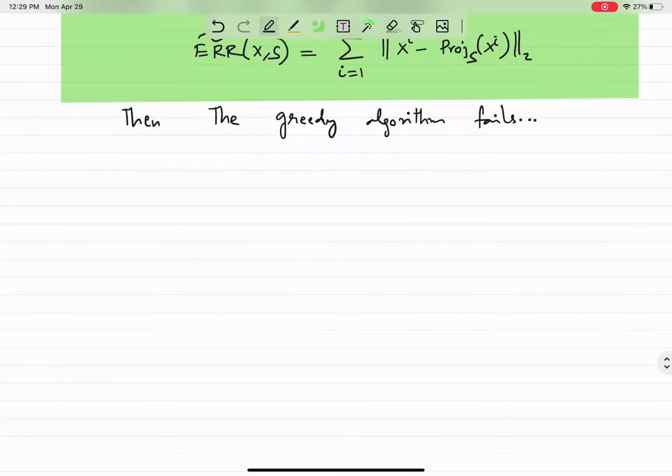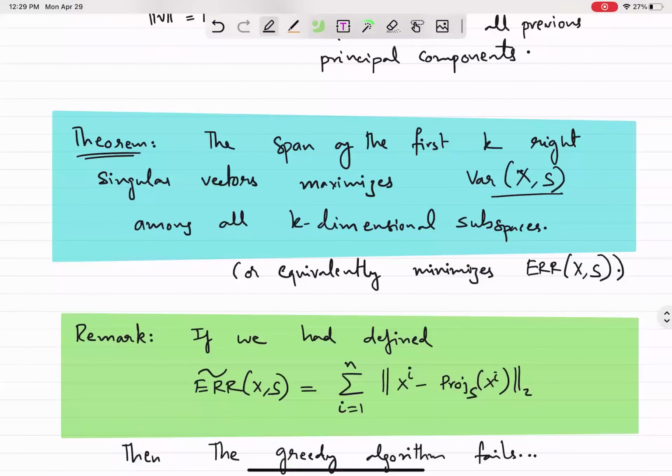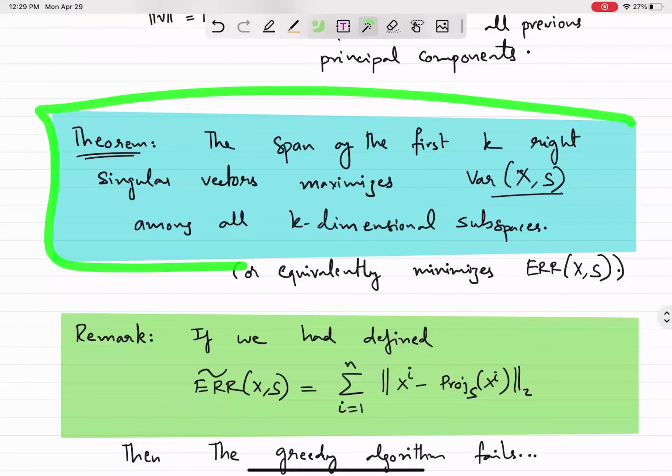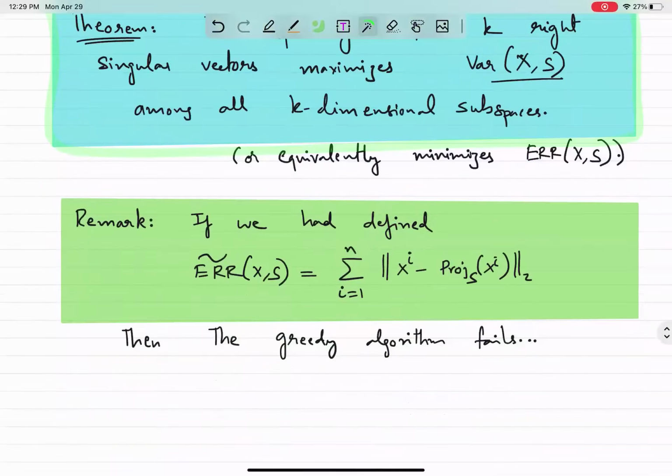Okay. All right. So, I'll prove the special case of this theorem, which is for k equals 2, that has all of the ideas, and then you'll extend it to the general case in the homework.